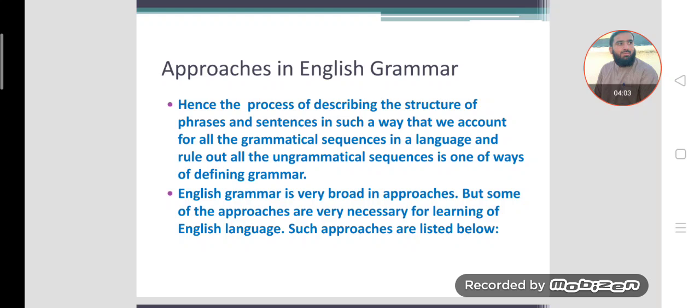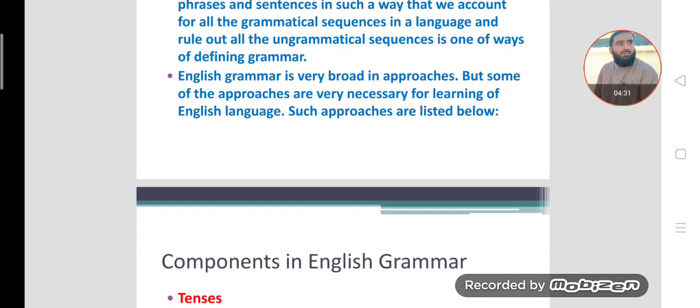So with the help of grammar, we distinguish between ungrammatical sequences and grammatical sequences. This is the job of grammar: to tell us which sentence is grammatically correct and which is grammatically odd. English grammar is very broad in approaches, but some approaches are very necessary for learning the English language. Such approaches are listed below.